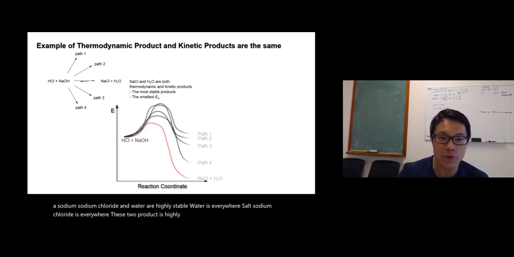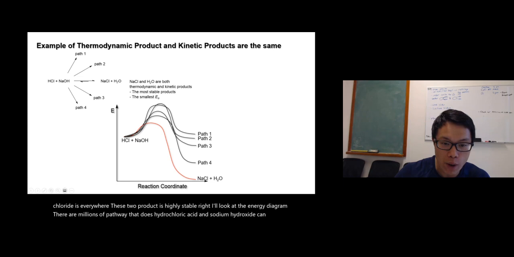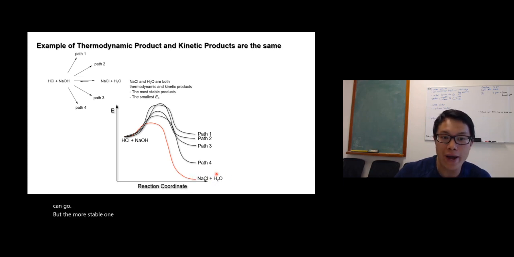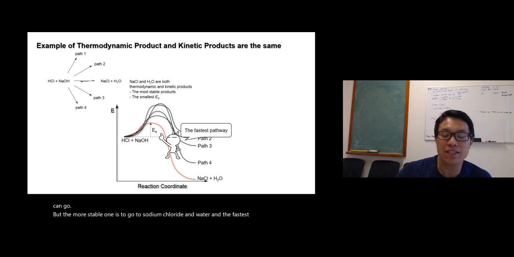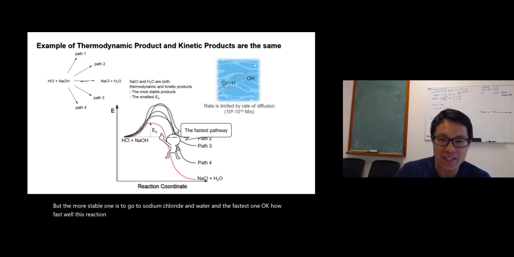Look at the energy diagram. The more stable pathway, going to sodium chloride and water, is also the fastest one. How fast? This reaction is so fast that the rate of diffusion is the limiting factor.